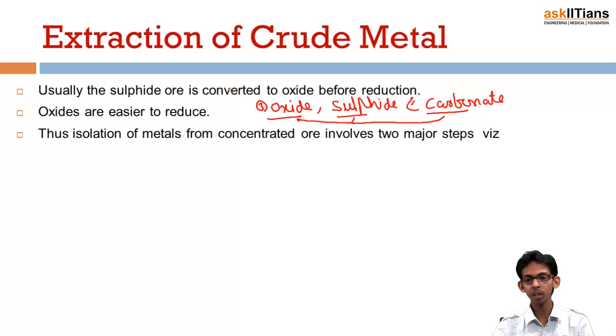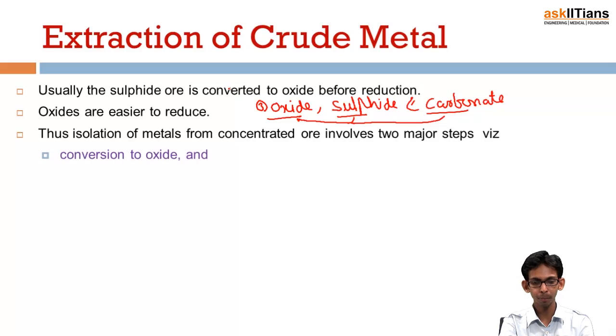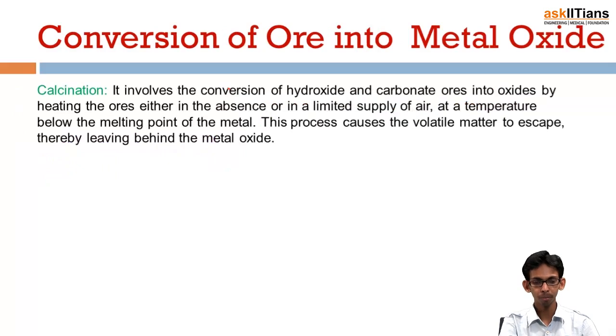If we have sulfide ore, we convert it into oxide ore. If we have carbonate ore, again we convert it into oxide ore. And if we have oxide ore, there is no need for conversion, we can simply reduce it for extraction of metal. So isolation of metals from concentrated ores involves two major steps. First is conversion to oxide and second is reduction of oxide into metal.